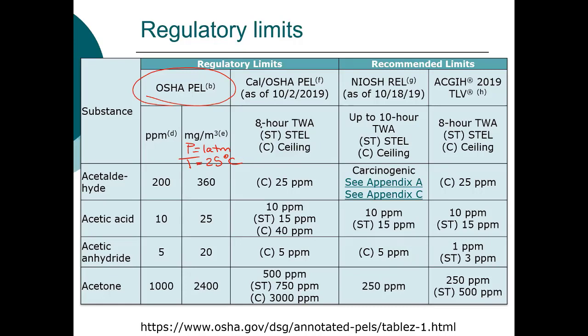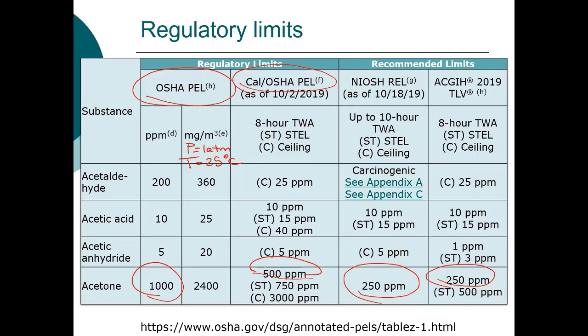And you can see here in California, these are the California OSHA PELs. They can set their own limits. So for instance, if you look at acetone, acetone is 1,000 for the federal limit, but 500 for the California limit. On the other hand, the NIOSH recommended limit is 250. The American Council of Government Industrial Hygienists is also 250.